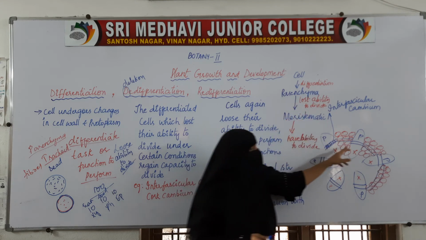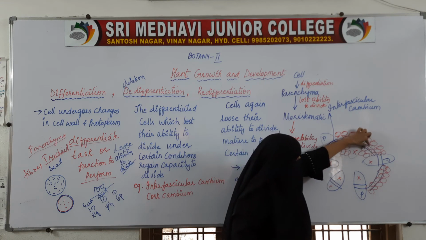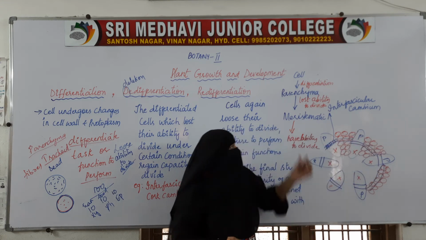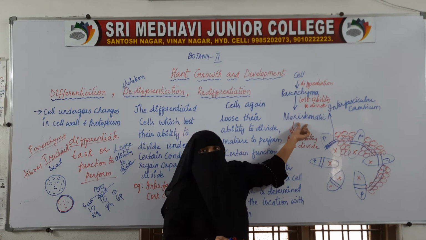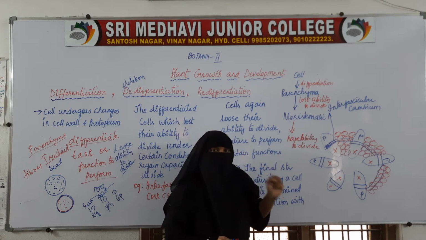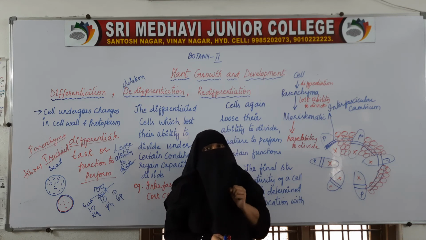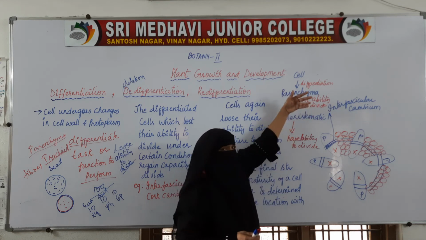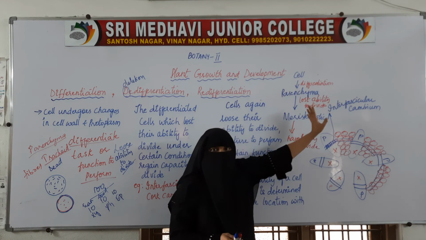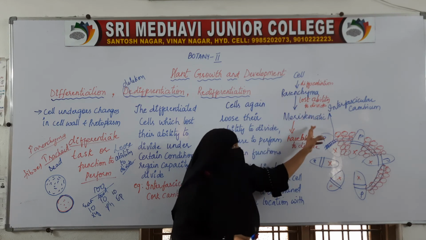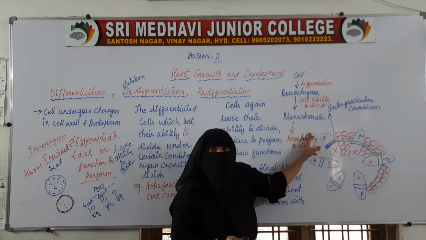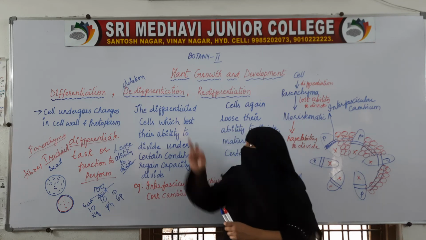Not all, few of them. Here many are there, only few of them have again changed into meristematic cells, and they have gained their ability to divide. So whatever function was given to them has been deleted. Now they are again meristematic.